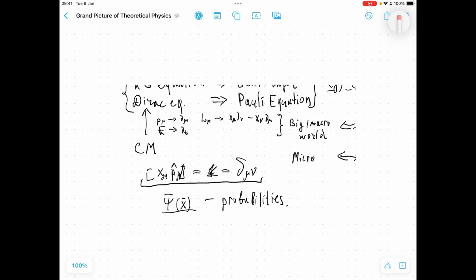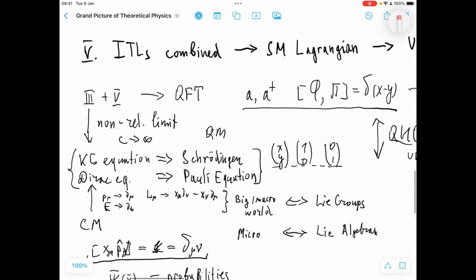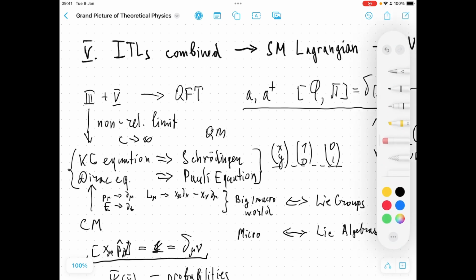And in QFT you still will have something similar, of course, but it already won't be that wave function you had before. Instead you'll have something living in a Fock space, something like one particle with momentum K, some stuff like that.